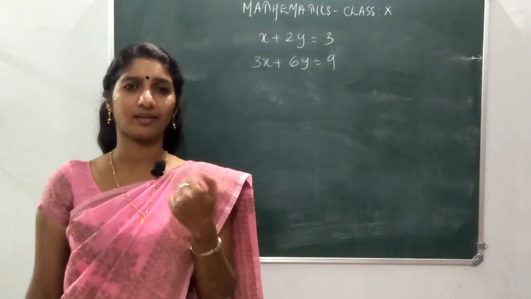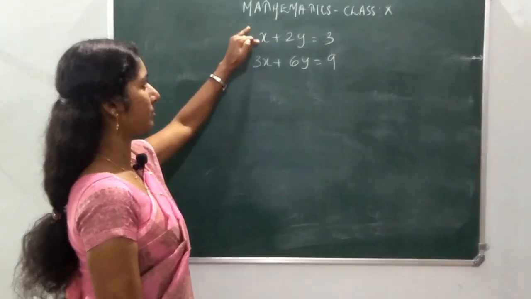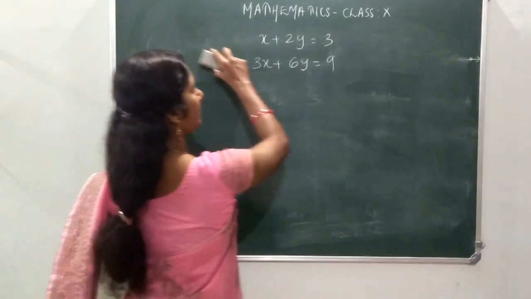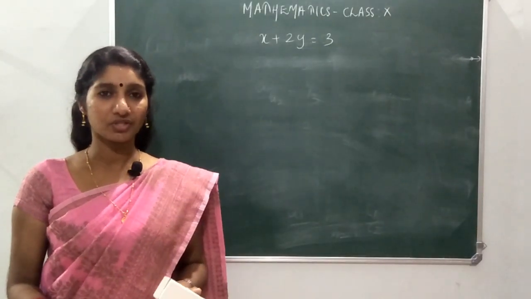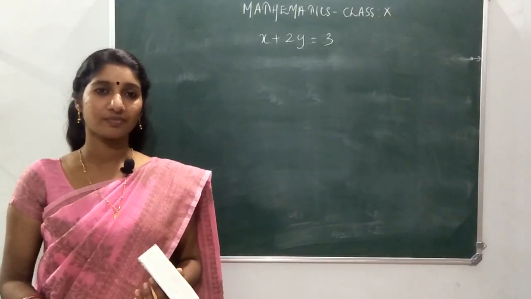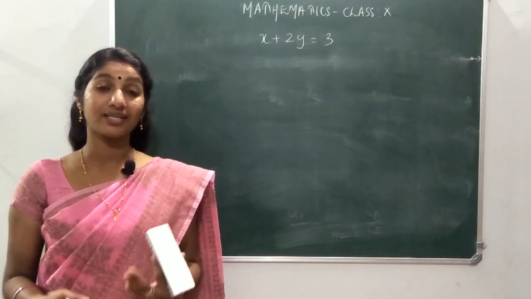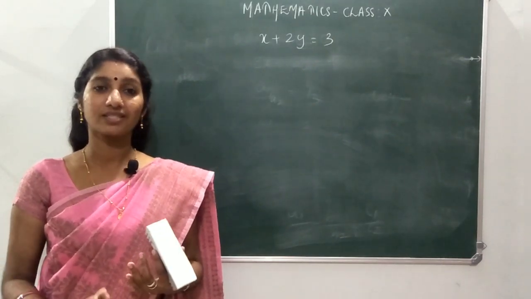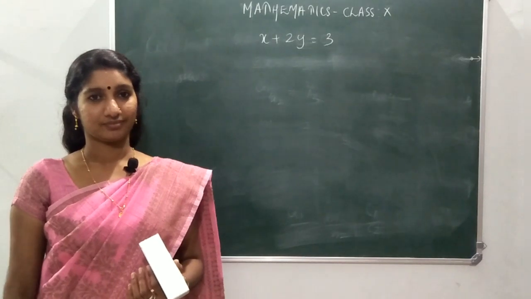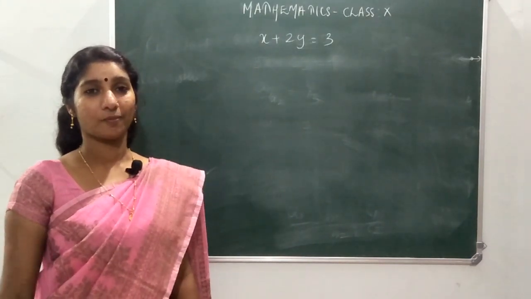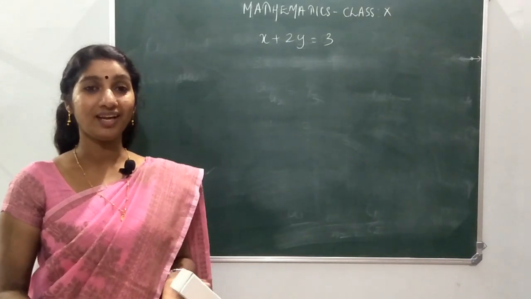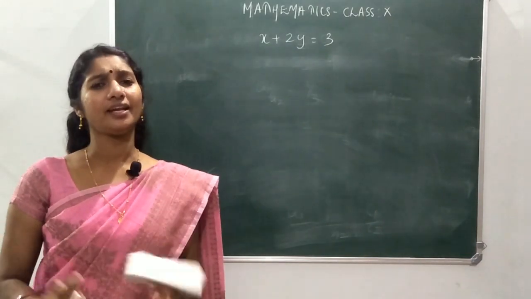Then we can make another coincident line for this first equation. Tell me another coincident line. You need to say the equation for a line which coincides with it. How will you write one more line? We will multiply with any constant number.